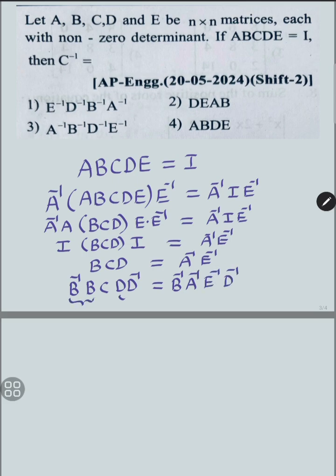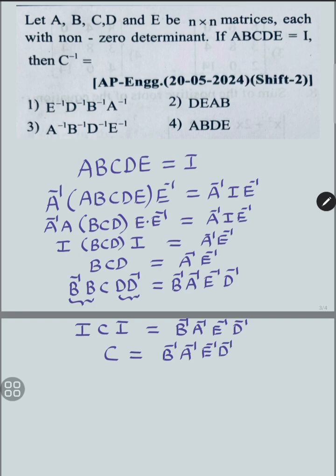B into B inverse and D into D inverse are I, so I into C into I is equal to B inverse A inverse E inverse D inverse. Any matrix multiplied with the identity matrix gives the same matrix, so C equals B inverse, A inverse, E inverse and D inverse.